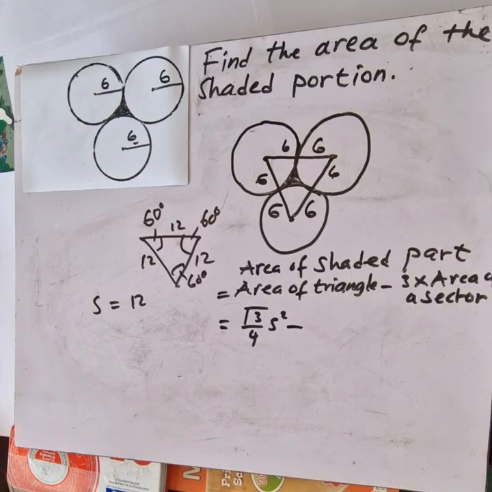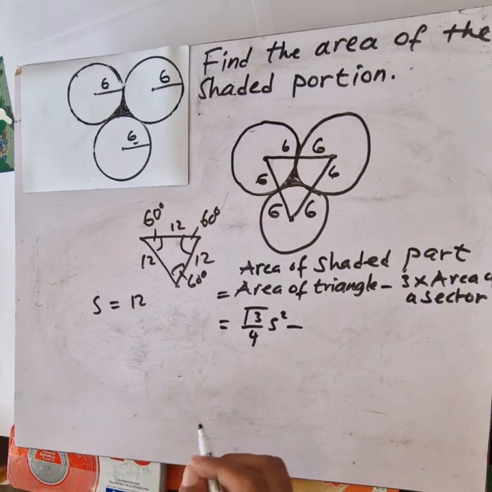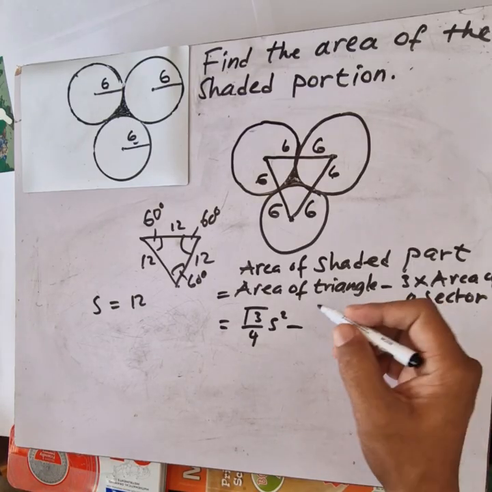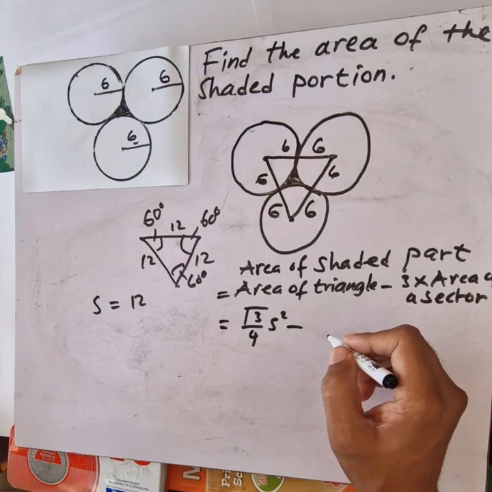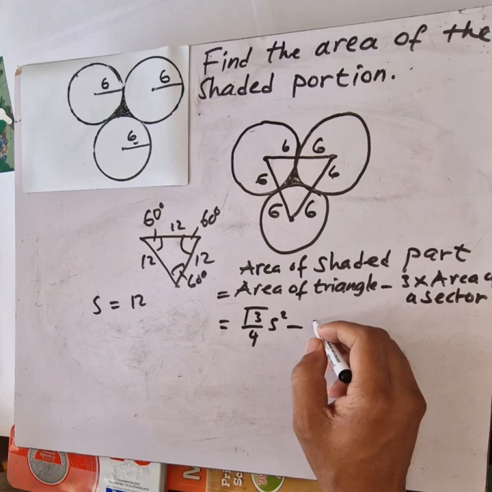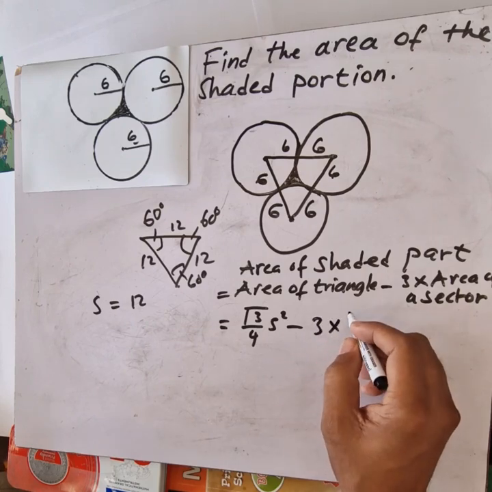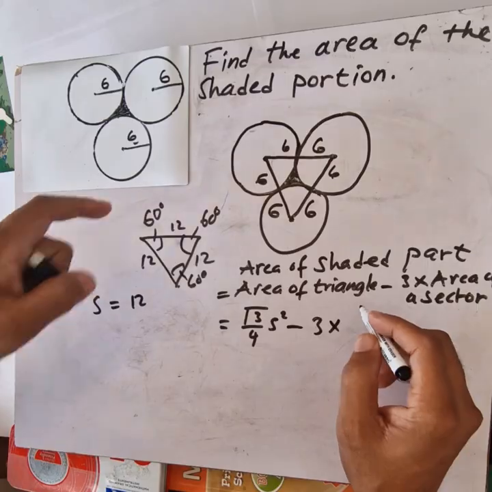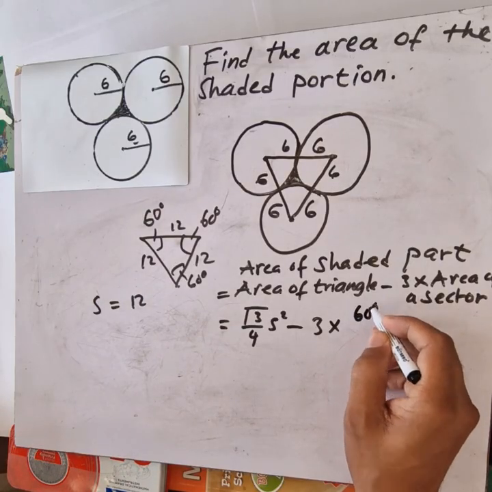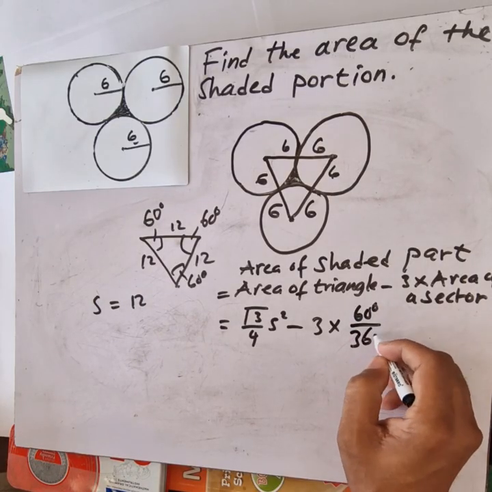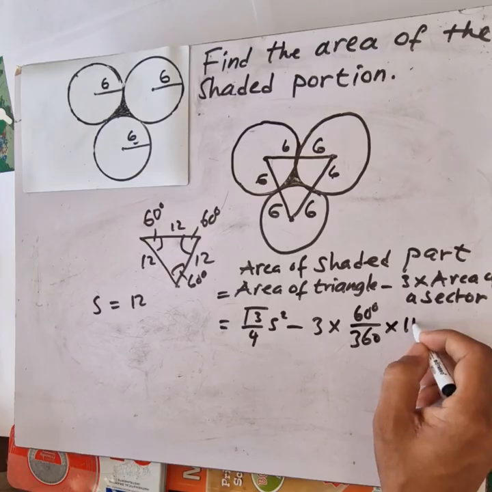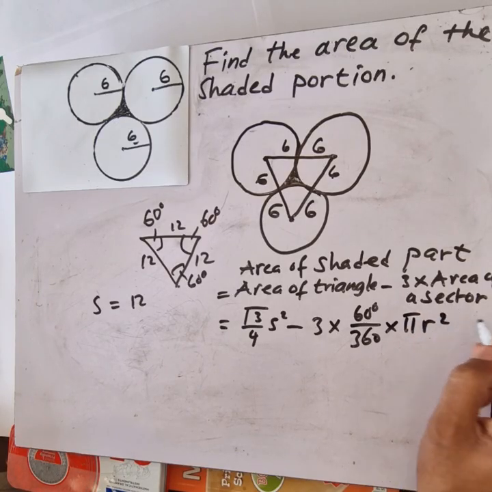Now the formula for finding the area of a sector of a circle is theta, which is the angle 60 degrees, over 360 times pi r squared.